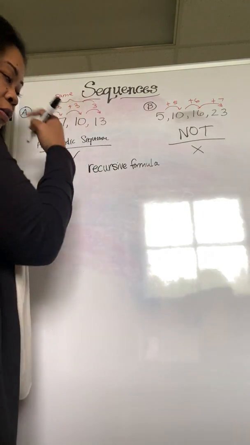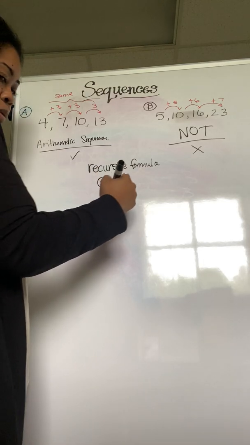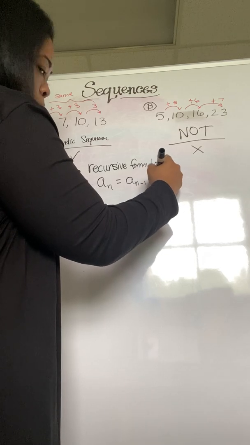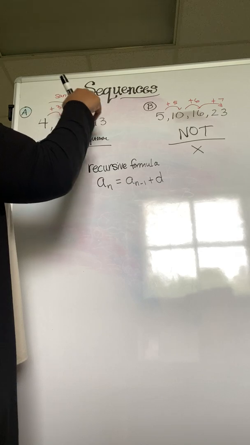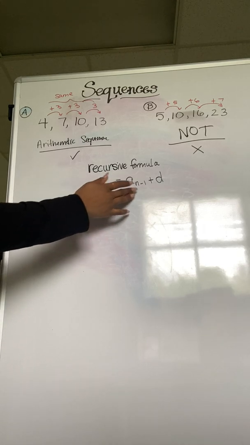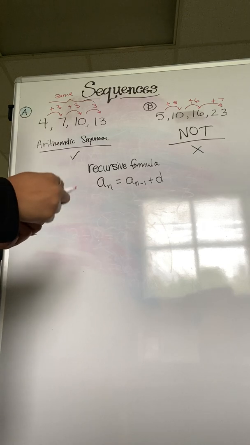All right, so the recursive formula says that any value in the series is the previous term minus or plus the difference, depending on if the values are getting bigger or smaller. Now this is probably new notation for you, a sub n and a sub n minus 1. So let's think about what that means.